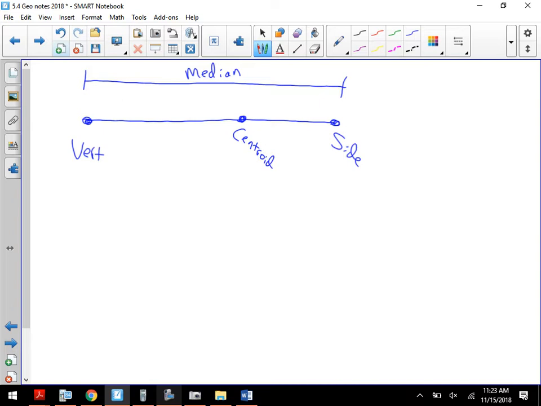Is that okay? Now here's where the weirdness comes into play. 2/3 of the median is the segment vertex to centroid. Okay.